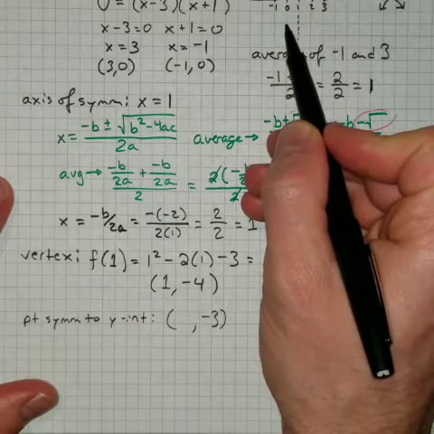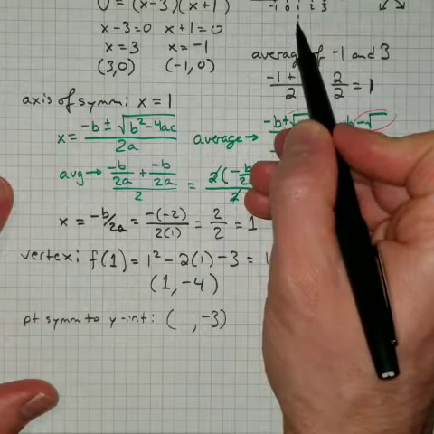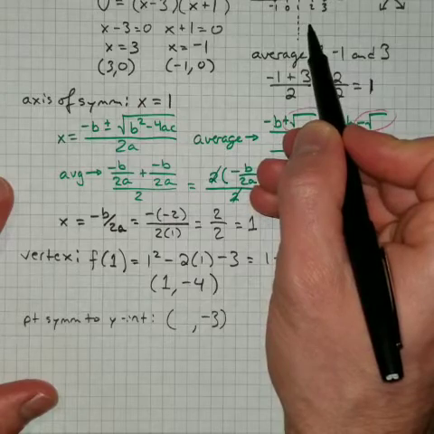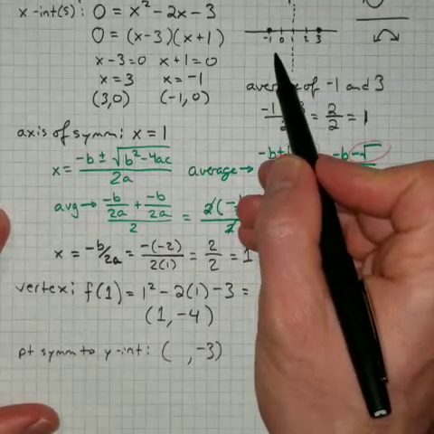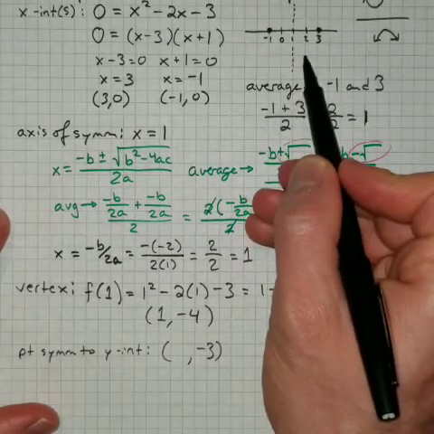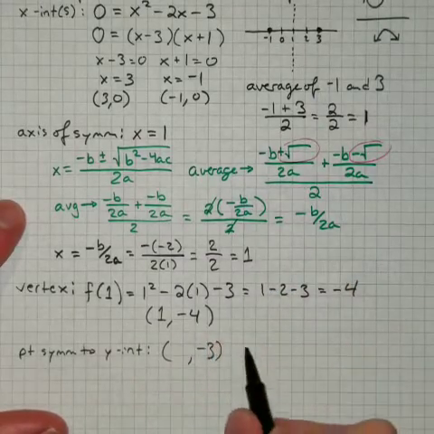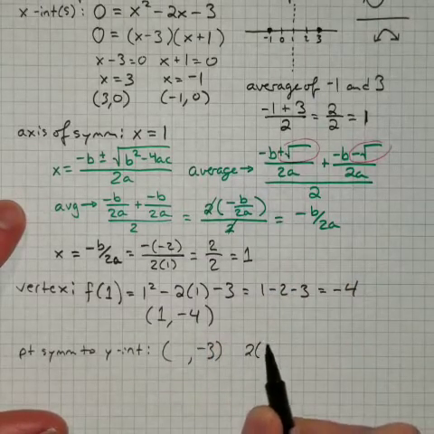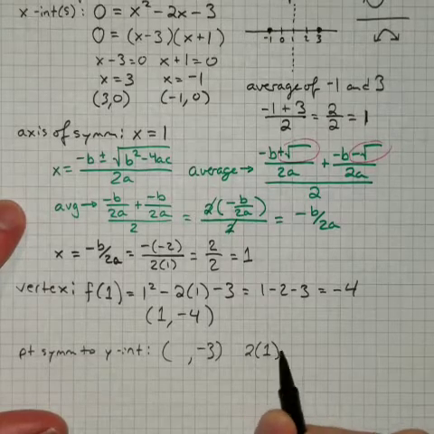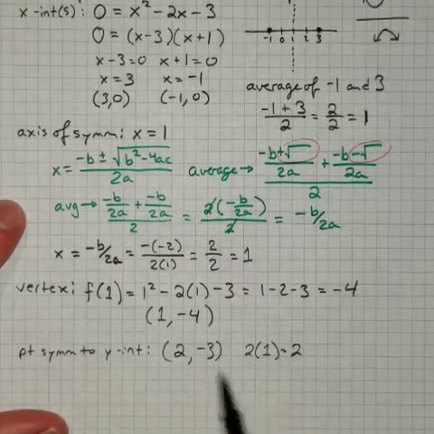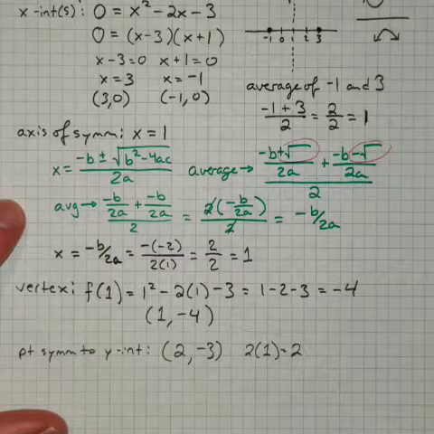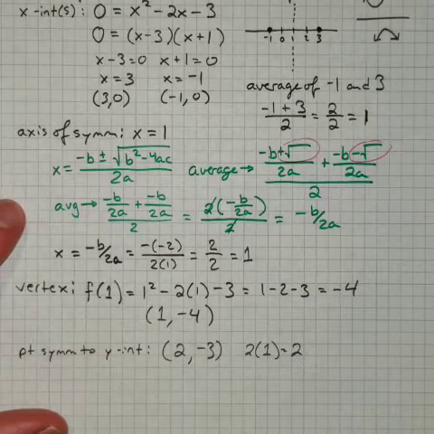If it's got to go over to the axis of symmetry and then over again the same amount, right? Over to the axis, over the same amount. So double the axis of symmetry. Well, 2 times the value of 1 is 2, so 2 would be the symmetric point.